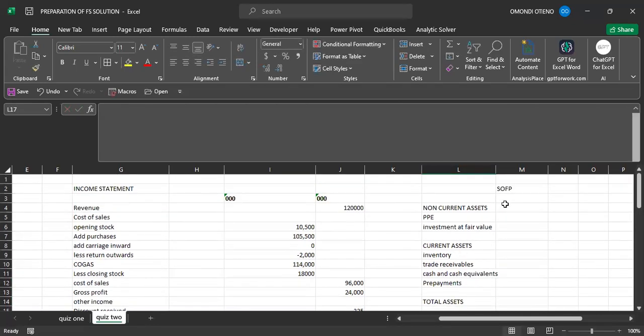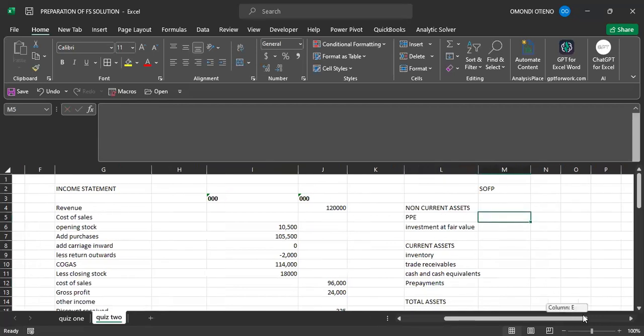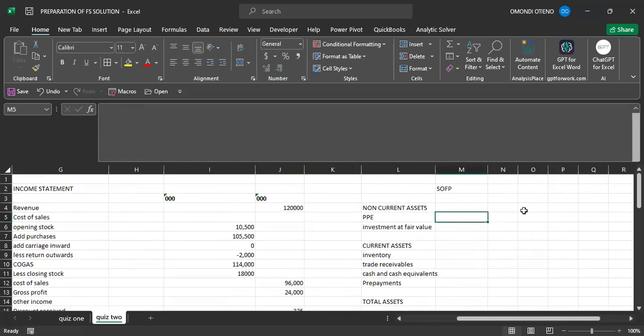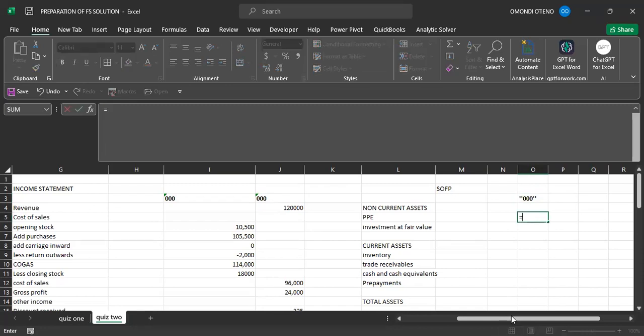So let's see if we can get some of these things. So non-current assets, we record them at net book value. Let's have this. Our PPE, property, plant, and equipment.